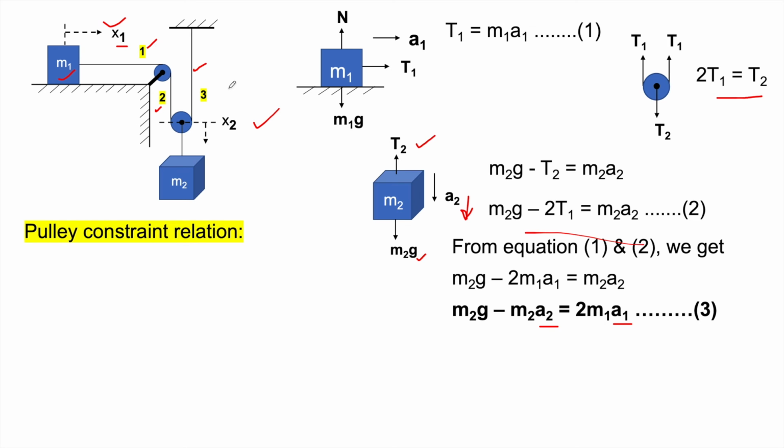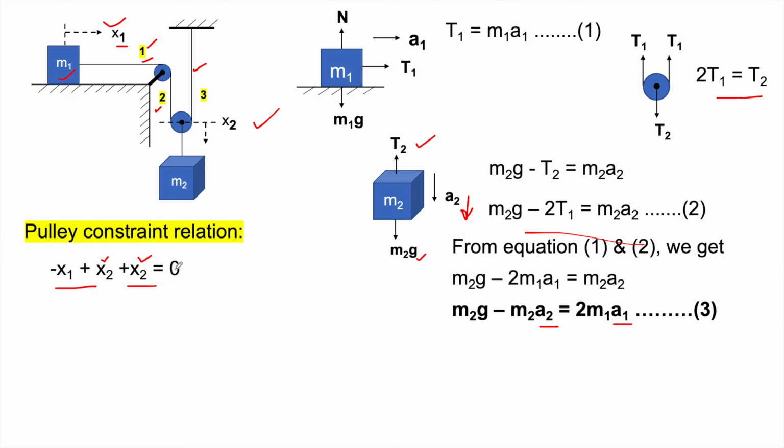So the pulley constraint relation will be minus x1 plus x2 plus x2 equals 0. Minus x1 means that if block M1 moves towards the right, the length of segment 1 is decreased by x1. If the movable pulley comes downward by x2, the length of segment 2 is increased by x2, therefore plus x2, and similarly the length of segment 3 is also increased by x2, so plus x2.